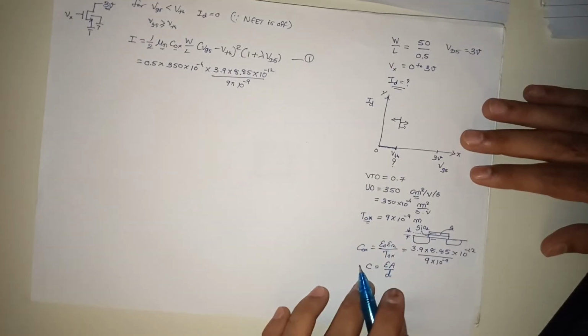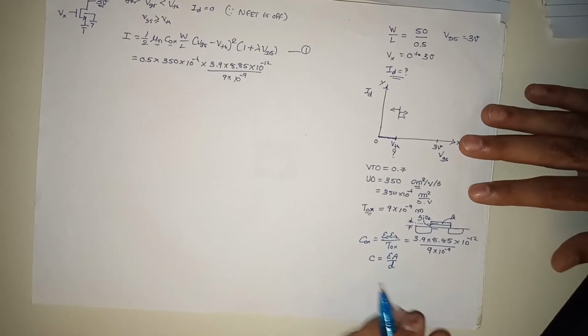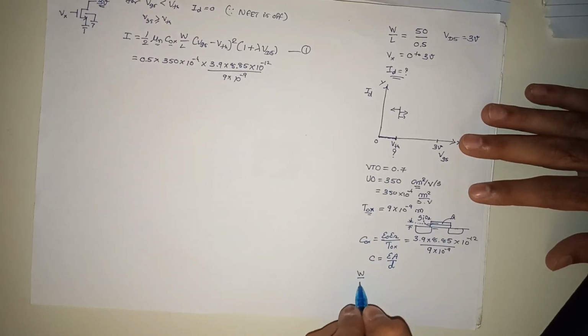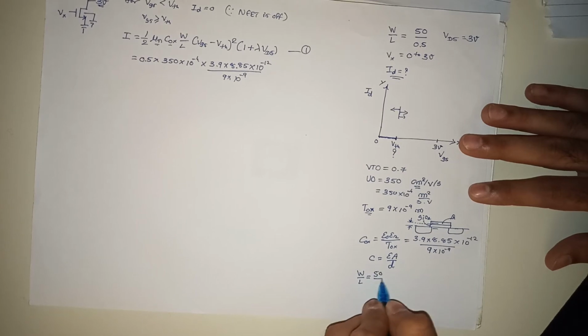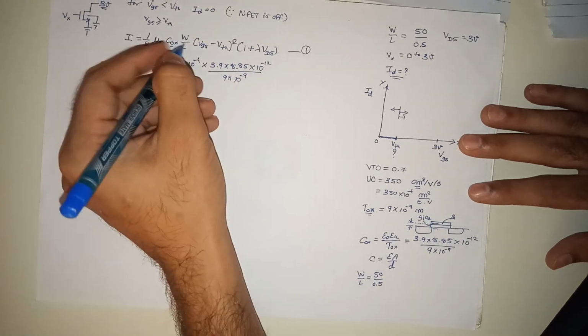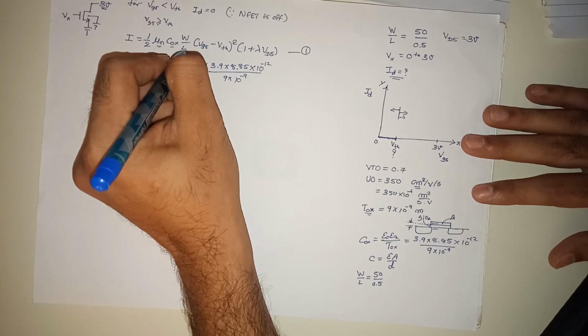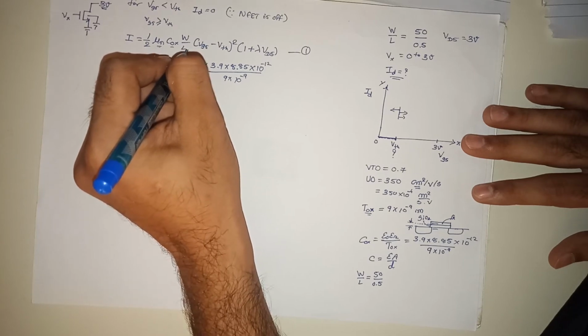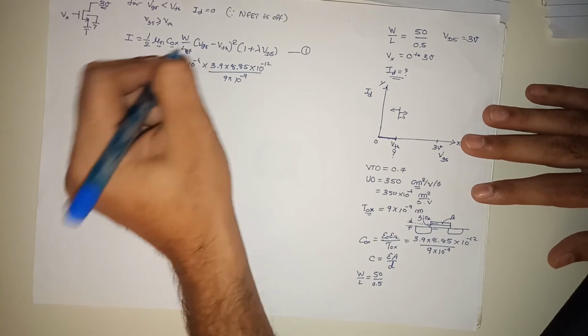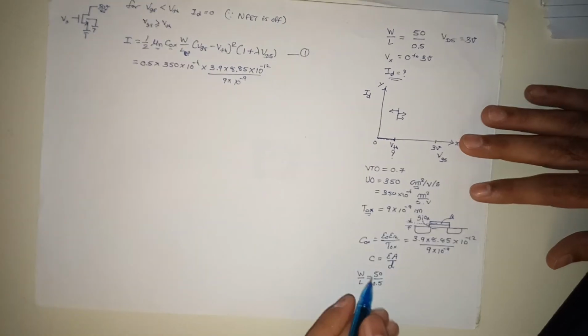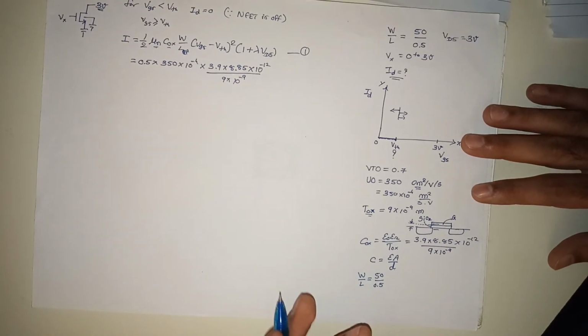Okay, now the important part is coming, W by L. That is given as 50 by 0.5. But here, if you see the exact equation, you need to take L effective. And what is L effective?